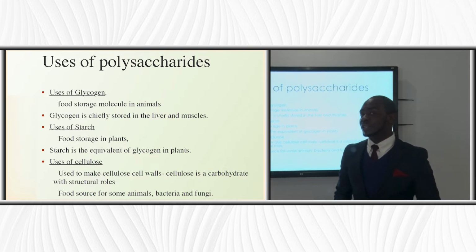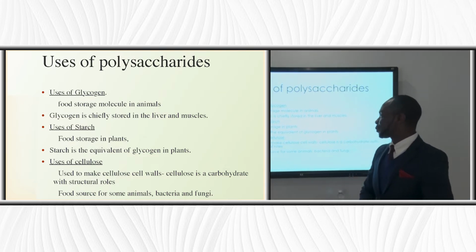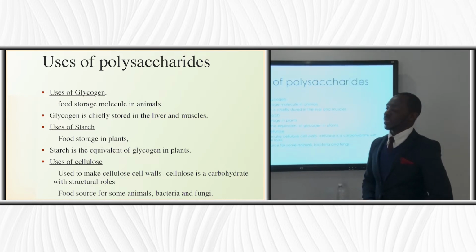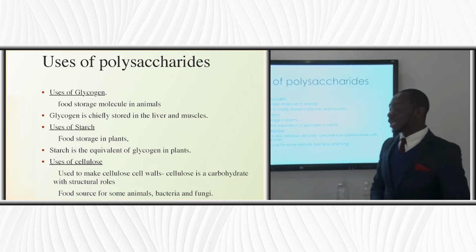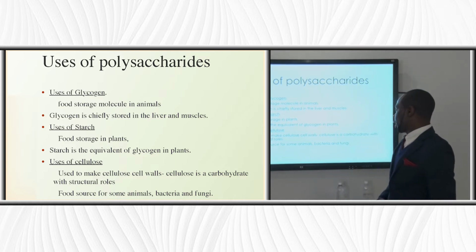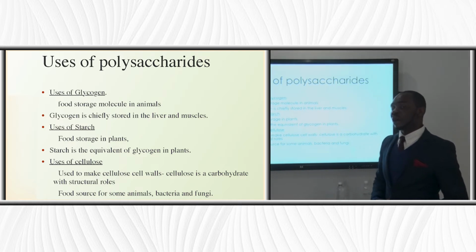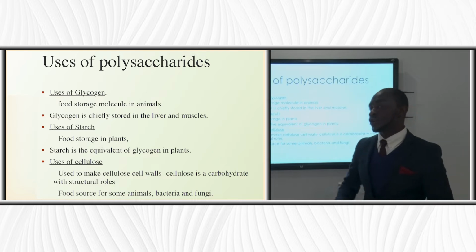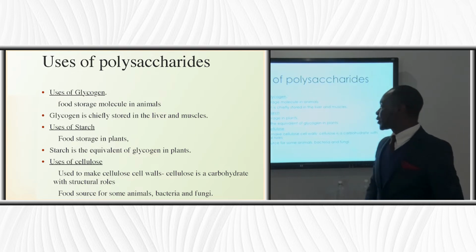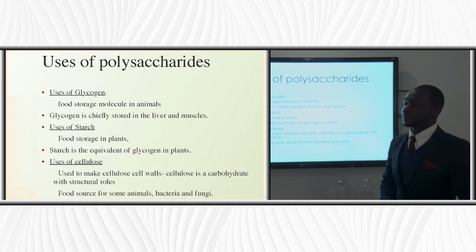Starch is the equivalent of glycogen in plants. Uses of cellulose. Cellulose is used to make the cell wall in plant cells. So cellulose is one of the carbohydrates which has a structural role. 2. Cellulose is also used as a food source for some animals, bacteria, and fungi.